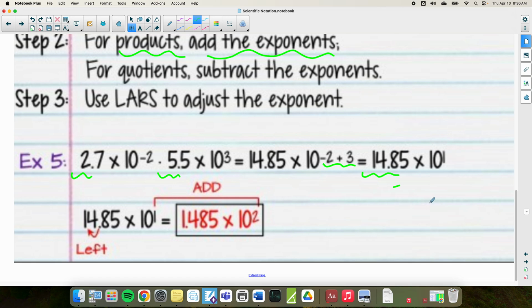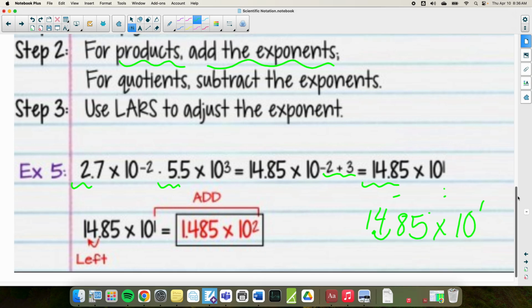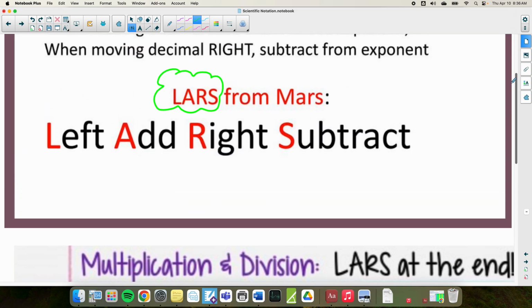But we can't leave it there because we don't have that number in scientific notation for 14.85, okay? We have to move that decimal over one spot. And again, that's where the Lars comes in.